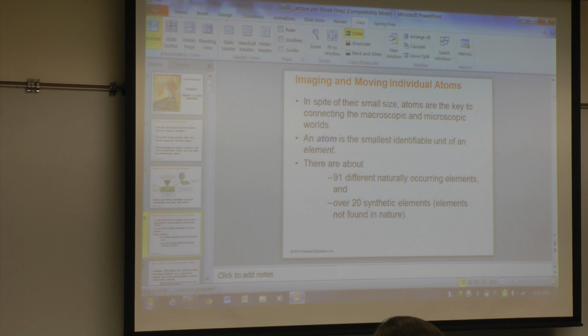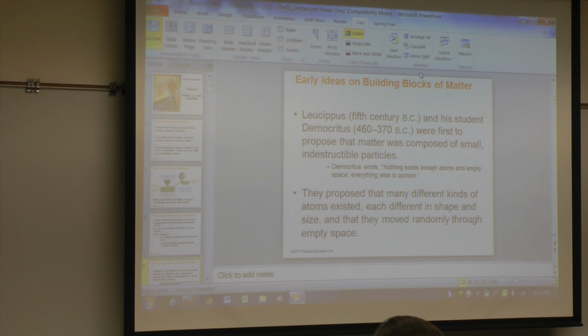The atom is the smallest identifiable unit of an element. There are 91 different elements and over 20 synthetic ones. Now, some early building blocks of matter: Democritus wrote that matter was composed of really small indestructible atoms.